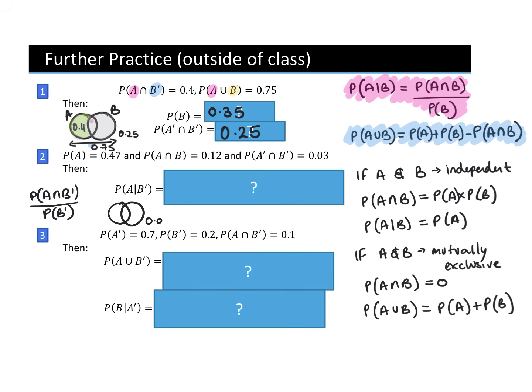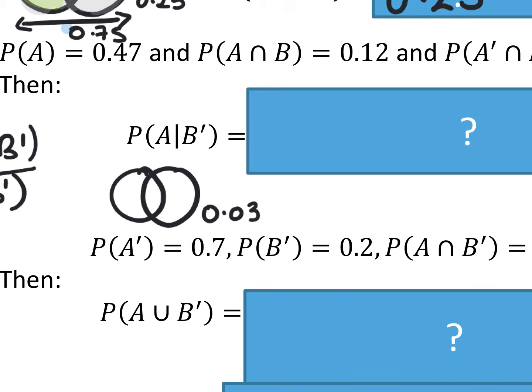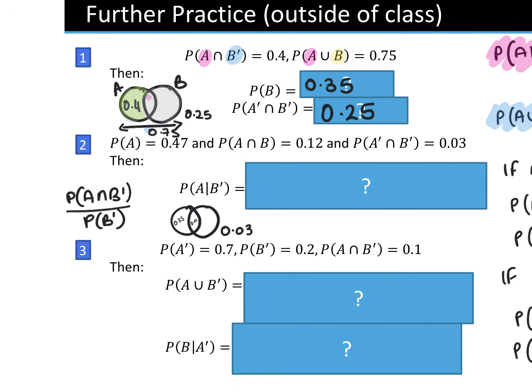So 0.03 is on the outside. Probability of A is 0.47. So this must be 0.12. Take away 0.12 from 0.47 is 0.35. And then what's remaining should add up to 0.97, shouldn't it?